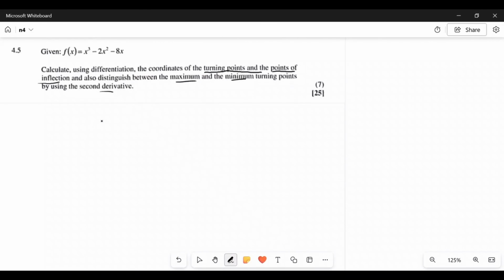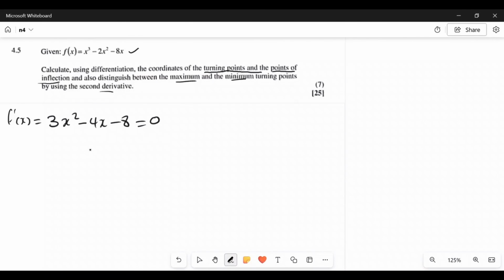Right, so whenever they ask you to find the turning point, guys, you first have to derive this equation once and equate it to 0. So let's do it. If you say f of x prime, the first derivative is going to be 3x squared minus 4x minus 8, and it's going to be equal to 0.